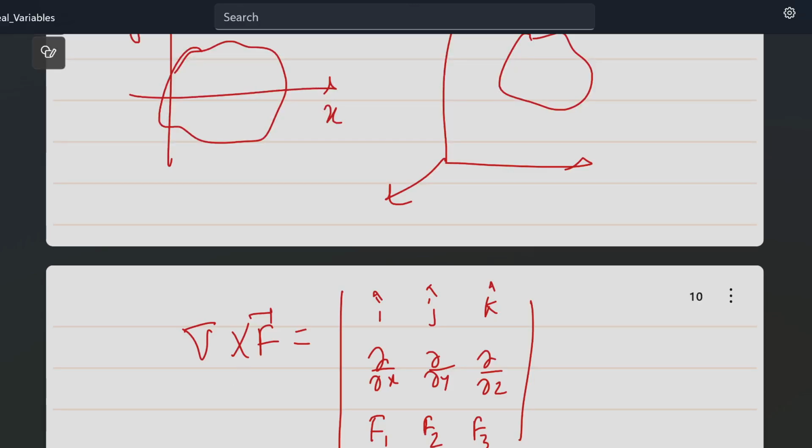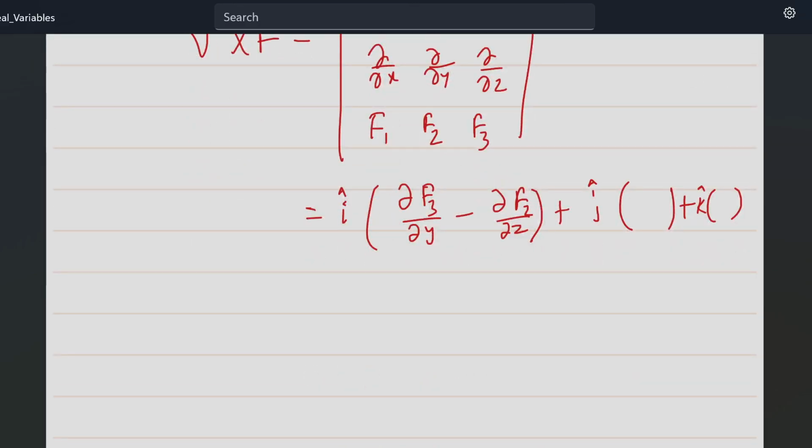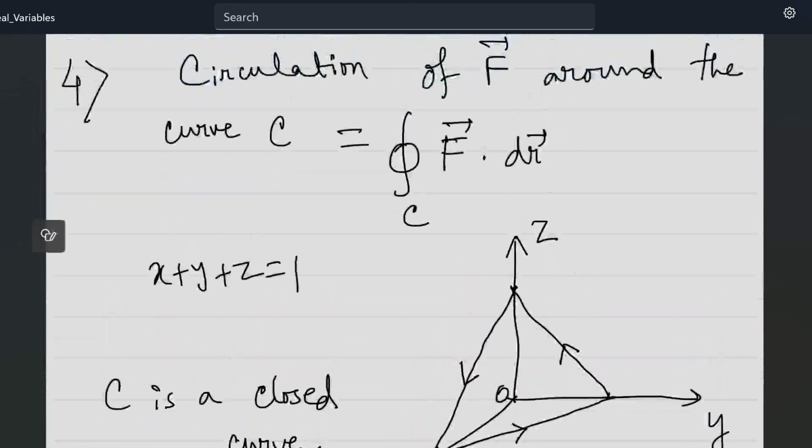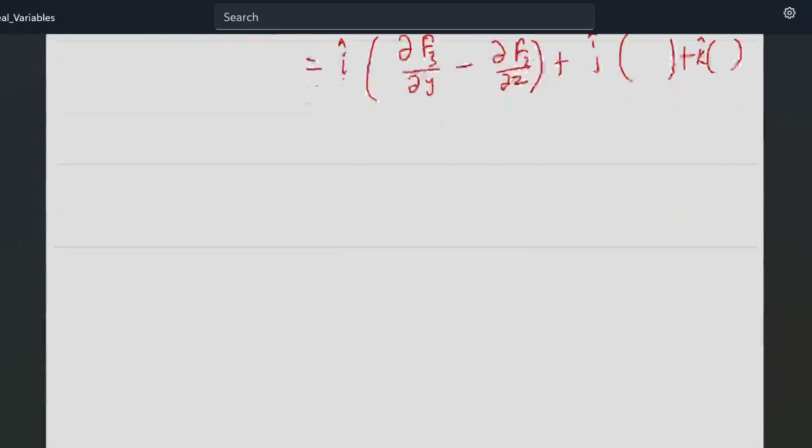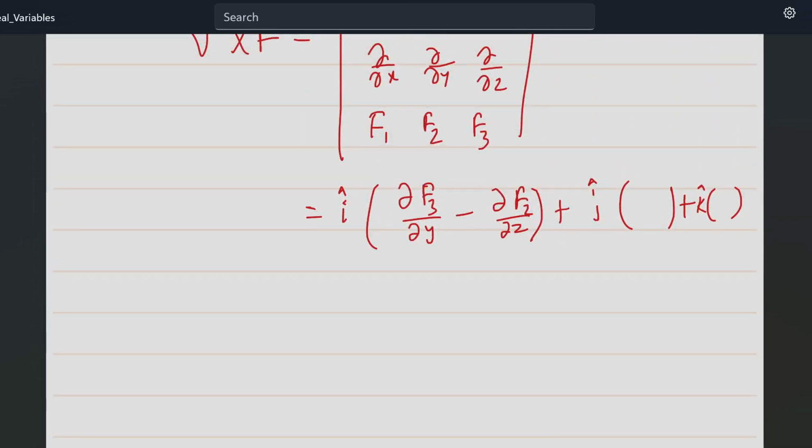So Green's theorem is nothing but Stokes theorem. On the right hand side, curl F dot n hat. Now suppose your n hat is i hat. Then curl F dot i hat ds, the surface integral.